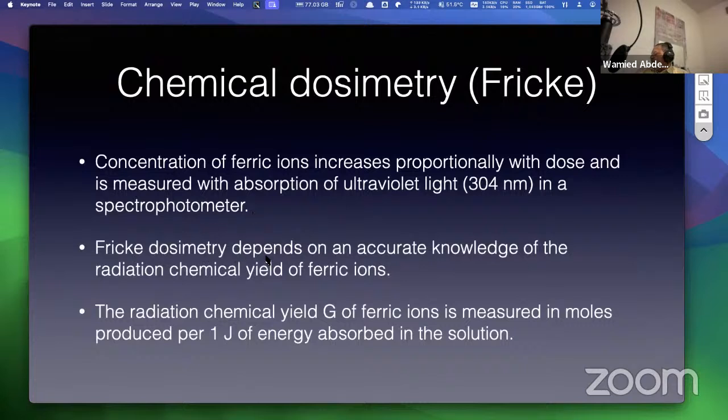Fricke dosimetry, yes. So now we have measured the change in concentration, the change in optical density. So what? We're not interested in the change. We're still interested in the dose. So Fricke dosimetry depends on an accurate knowledge of the radiation chemical yield of ferric ions.